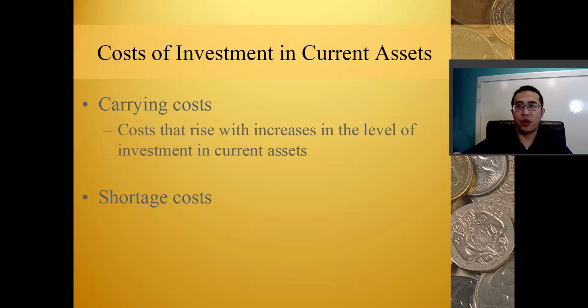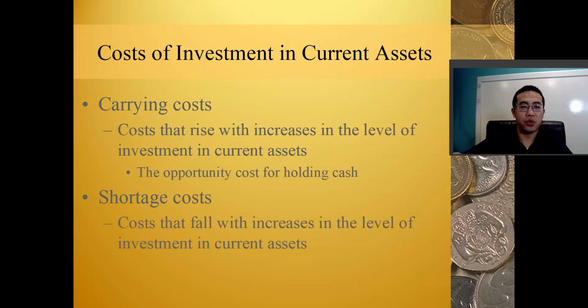Even if you put your money in short-term assets like marketable securities, you are getting a lower return than you could get if you invest the money in the stock market for a longer time period. Okay, so that's a carrying cost for holding too many current assets. And there are also shortage costs, the costs that fall with the increases in the level of investment in current assets.